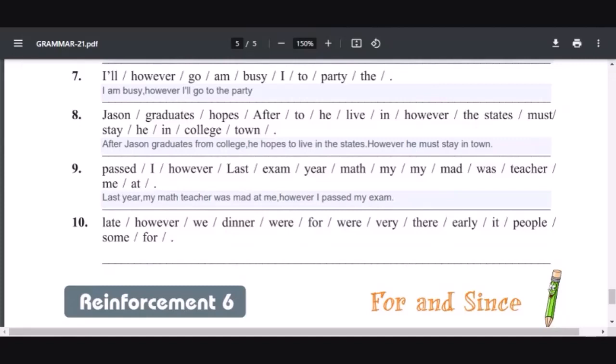We start with we. Okay, we were very late. However, but we need to use people.